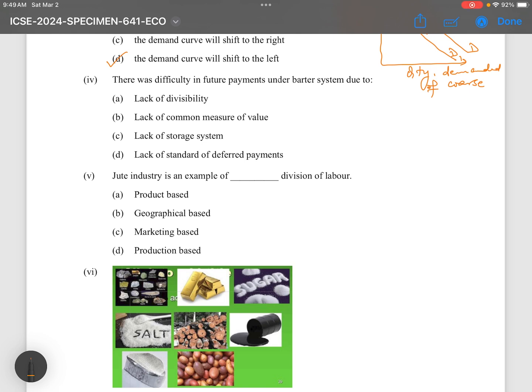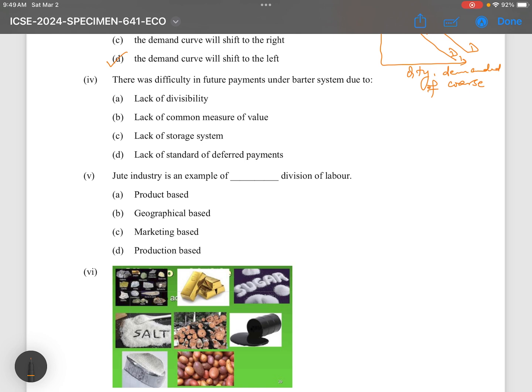Now when you come across standard of deferred payments, it talks about future payments, meaning when we were exchanging goods during barter system, it was not possible to assess the correct value in the future to be paid back to a person. So if I am loaning some good to another person, how to make sure that I am getting something equivalent to what I am giving today in the future. So that was a difficulty of barter system.